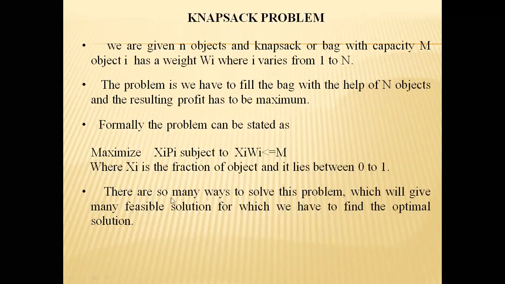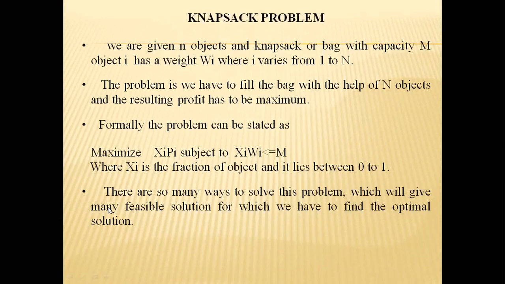So there are so many ways to solve this problem. We have many feasible solutions, from which we find the optimal solution. Suppose in a 5 kgs pack you can place different objects, such as 2 kgs sugar, 2 kgs onions, and 1 kg of another object.